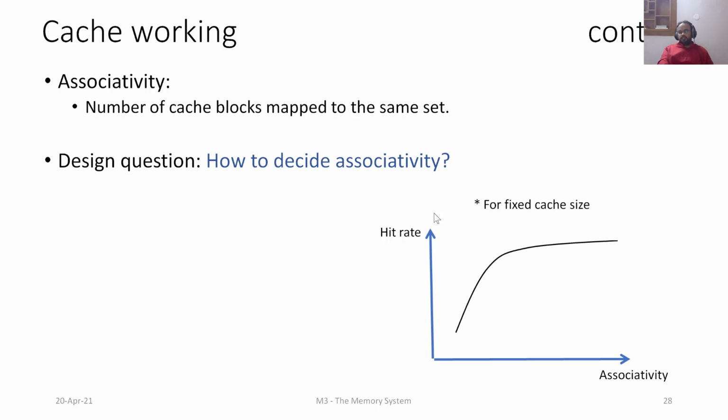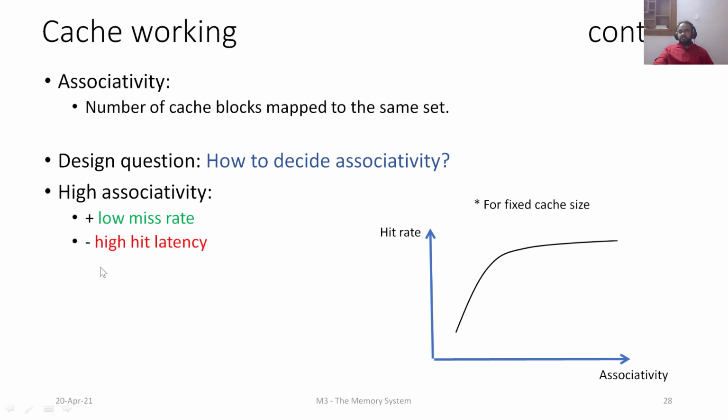Typically the curve would look something like this. Till some point the hit rate would improve drastically, and after that it tapers off, right? So high associativity in general is good because it will lead to low miss rate, primarily because of low conflict misses.